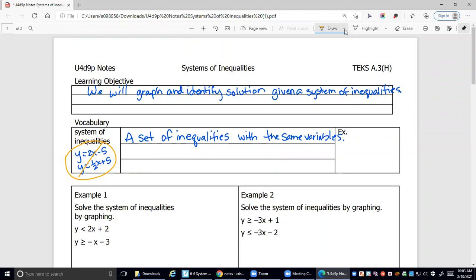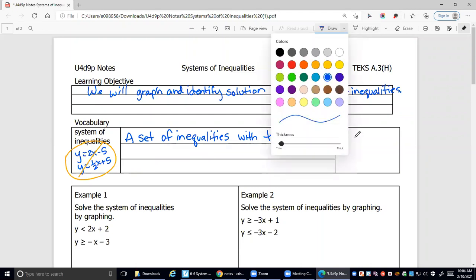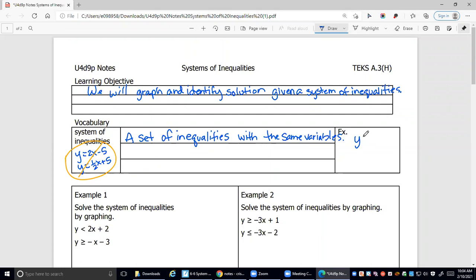We actually have y is maybe greater than 3x or something like this, right, on the bottom. So this right here would be an example. And then y is less than or equal to x plus 5. Okay. So that's basically the difference.